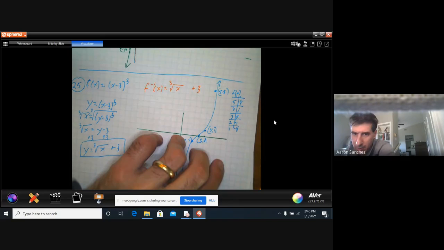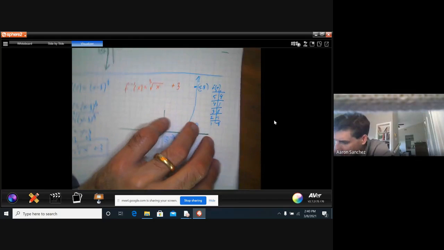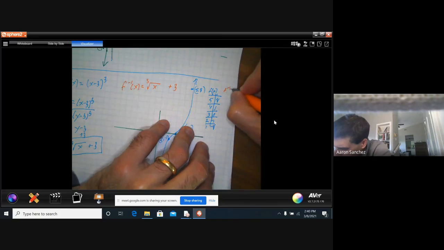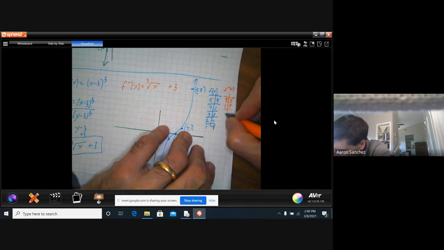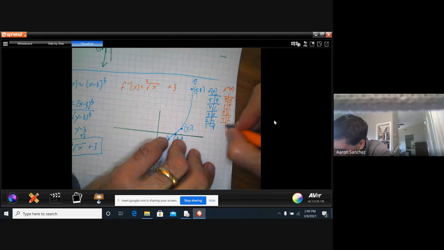So the inverse is just going to be the opposite, right? The inverse points are 8, 5; 1, 4; 0, 3; negative 1, 2; and negative 8, 1.